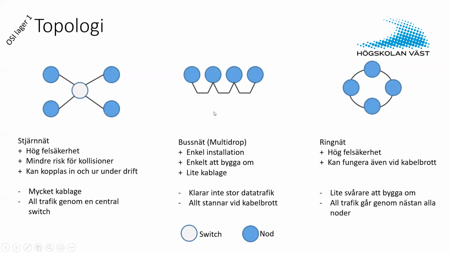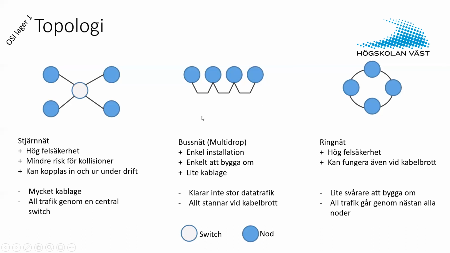A cheaper network is a bus network or multi-drop network. There all nodes hear the same traffic in some way, and that saves cables. You have maybe only one cable, and then a lot of connections where the nodes enter.